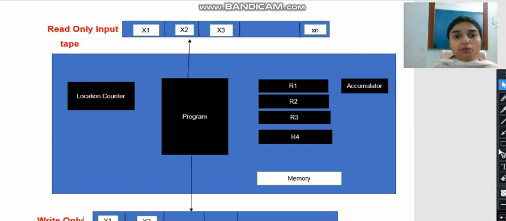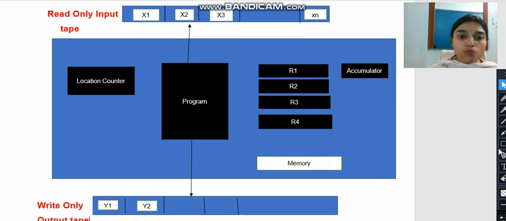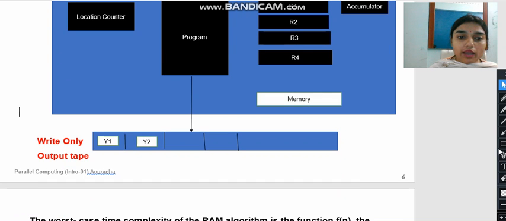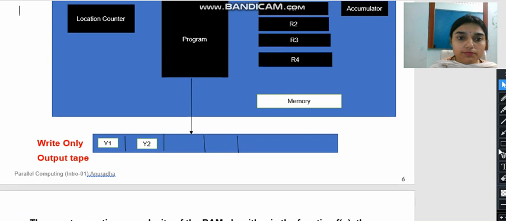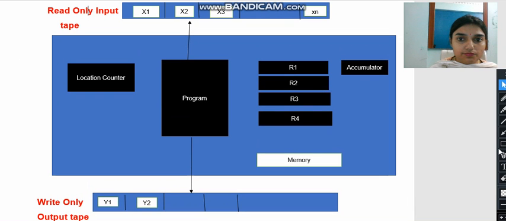Let's see the architecture of the model of serial computation. Here we have a read only input tape which stores the integers, and we have a write only output tape where we can write the output.